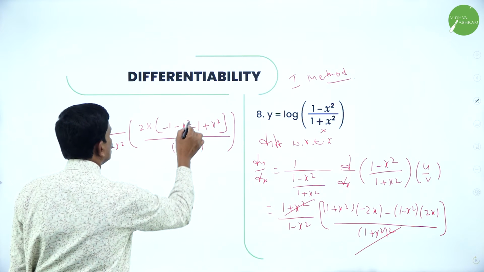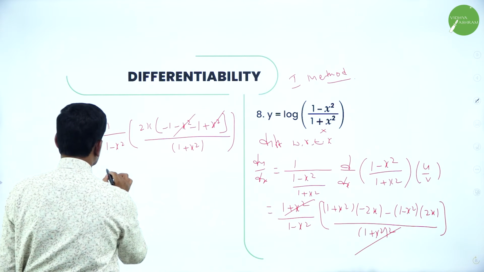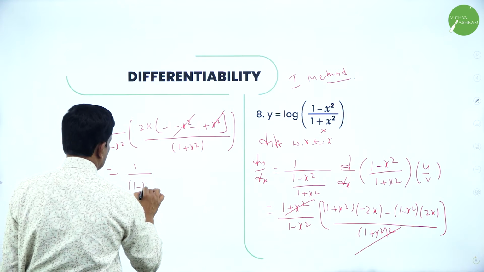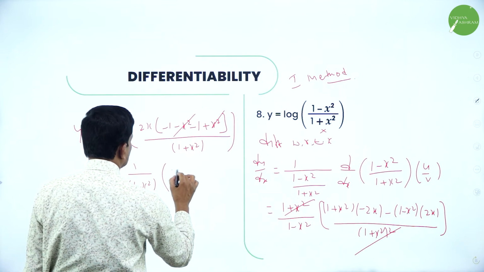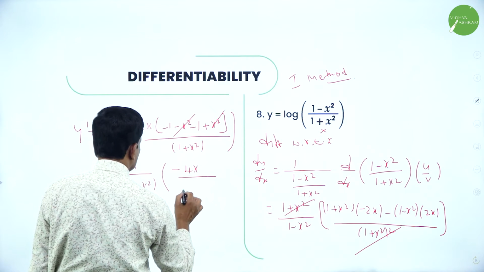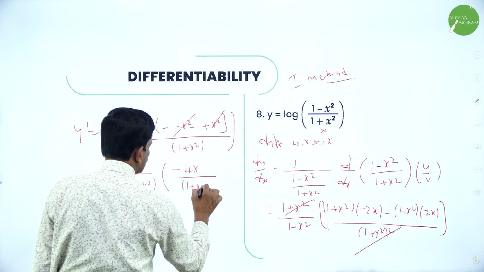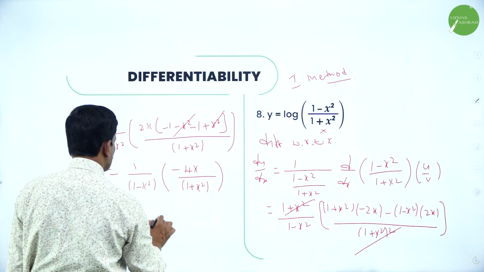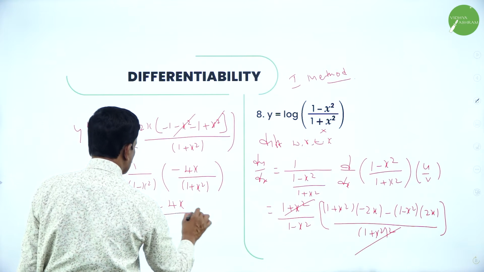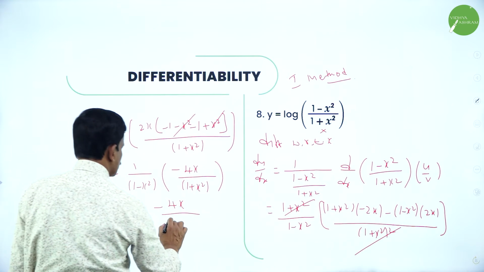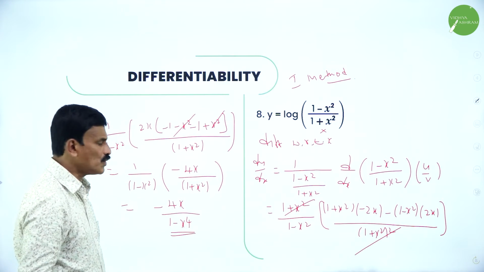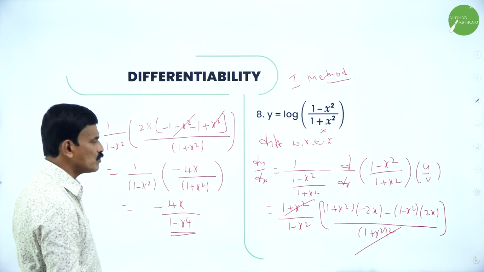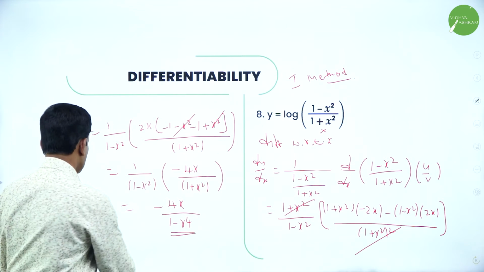Minus x square plus x square gets cancelled, 1 by 1 minus x square into minus 1 is minus 2, minus 2 into 2 is minus 4x divided by 1 plus x square. So, this can be written as minus 4x divided by 1 into 1 is 1 minus x square into x square is x to the power of 4. Minus 4x divided by 1 minus x to the power of 4 is the derivative for this function.